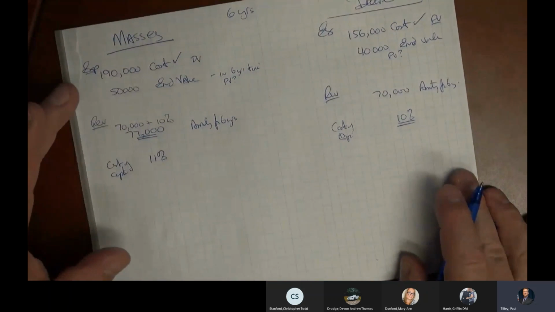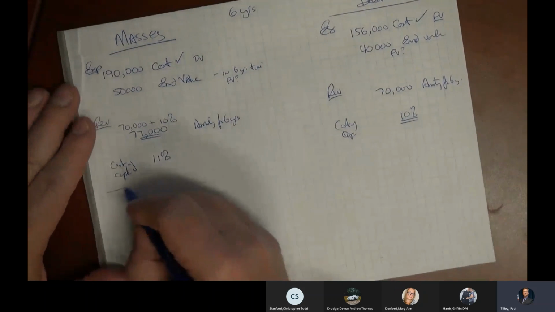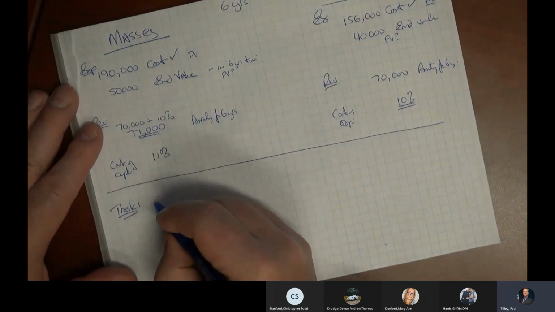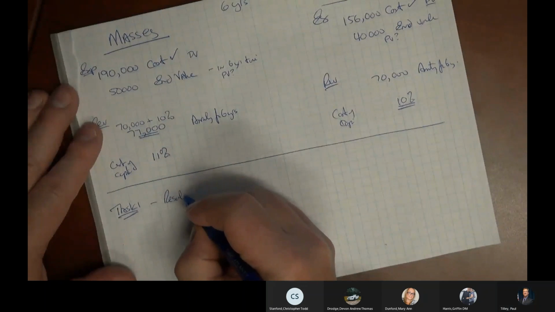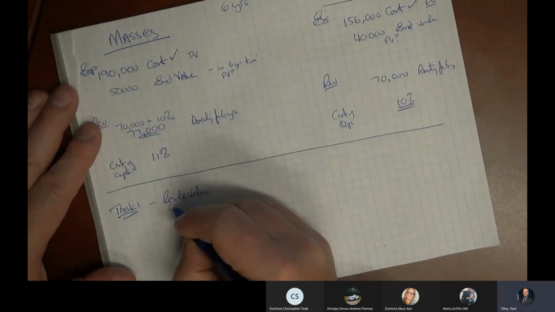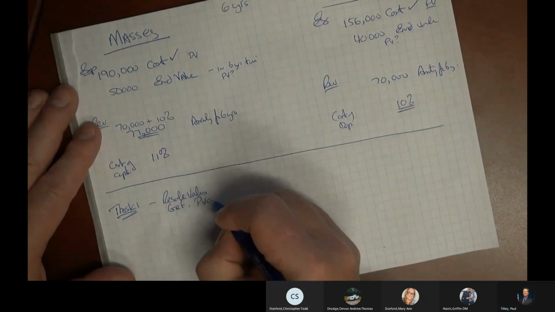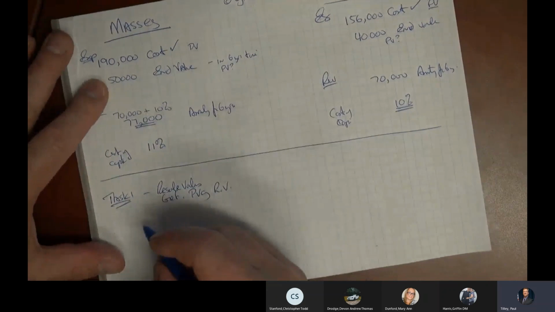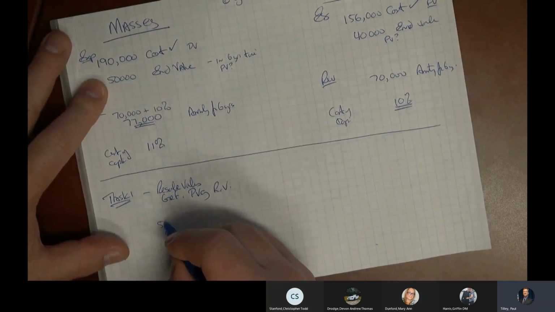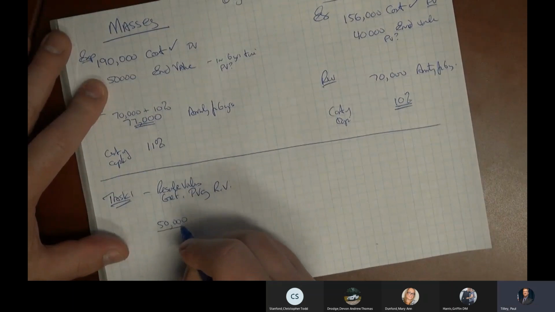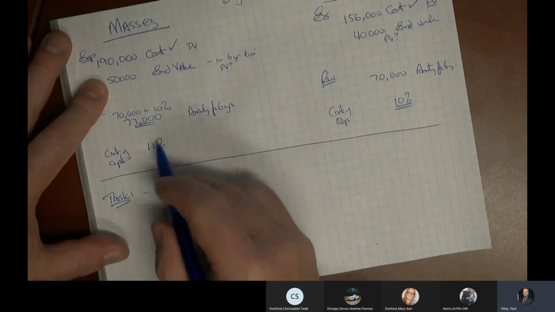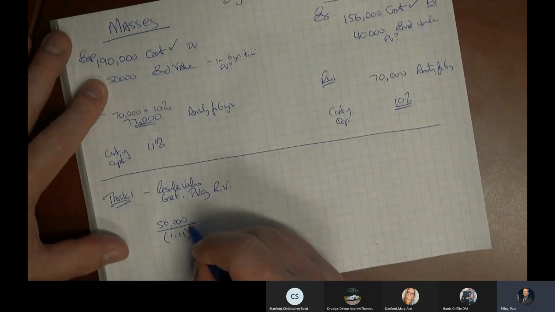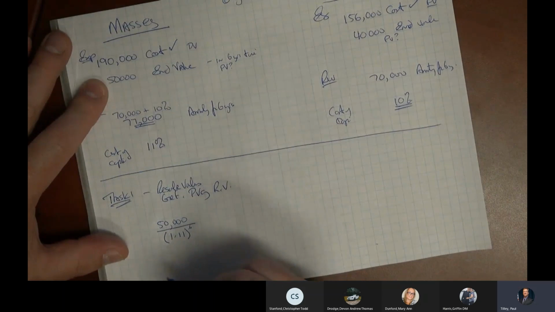Here's what we need to do. First and foremost, task one is the resale value. Get the present value of the resale value. So in the particular instance of the Massey tractor, the resale value is $50,000. And we're going to divide that by the interest rate of 11%, so 1.11, to the power of 6.